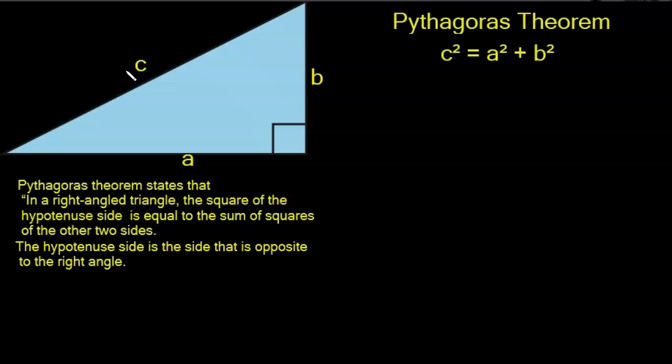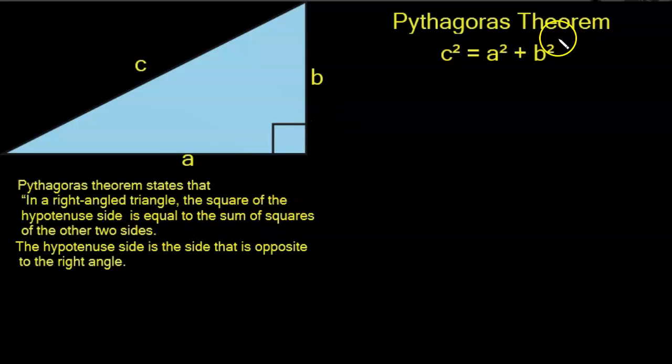So the hypotenuse we label C, and you realize C, this hypotenuse here, is a side opposite to the right angle, to the 90-degree angle. So in a right angle triangle, the square of the hypotenuse side, so the square of C, is up at the top right hand corner there, representing the Pythagorean Theorem. The square of the hypotenuse side, indicated by C square, is equal to the sum of squares of the other two sides.